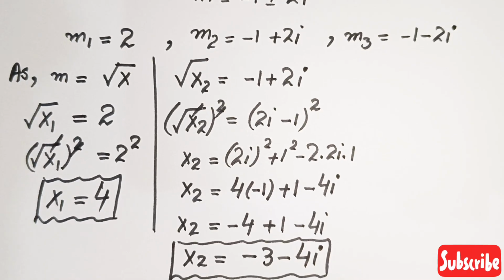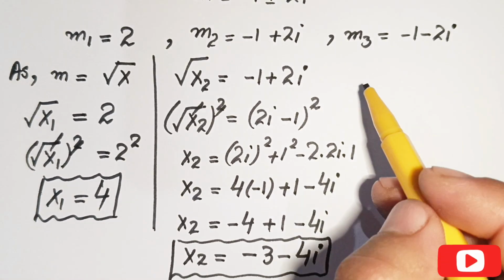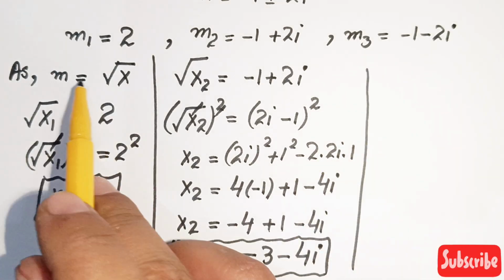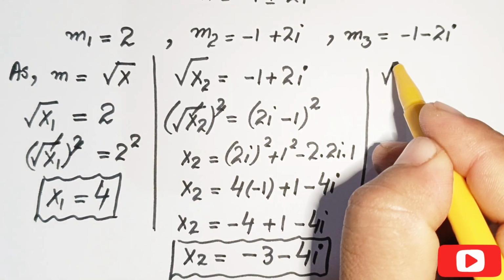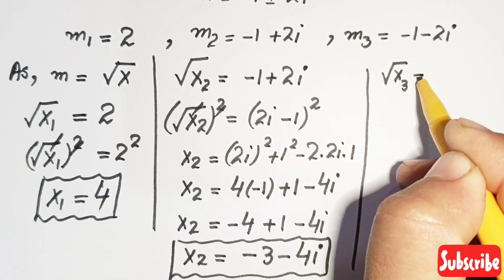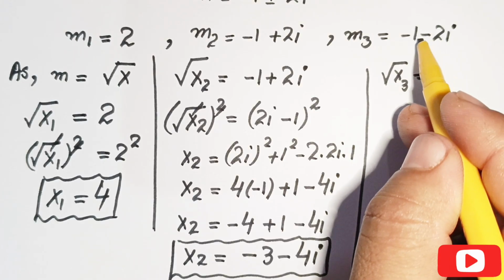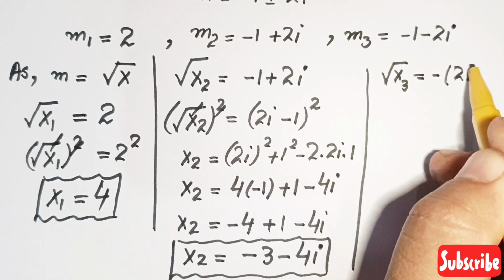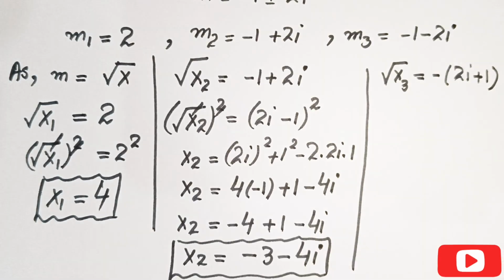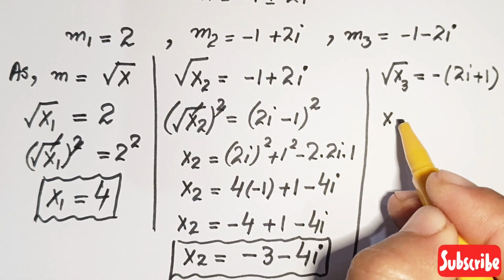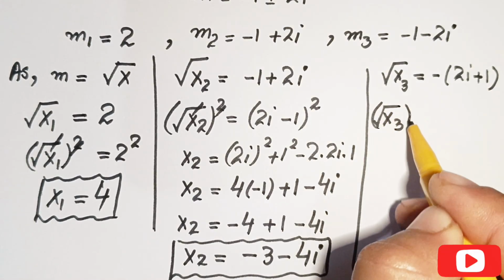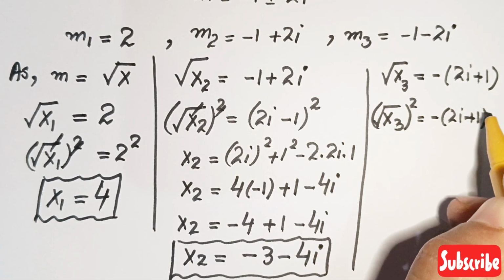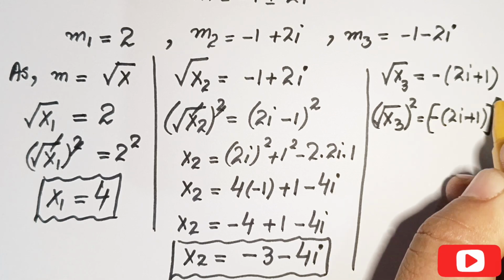Now we have to find m3, which is actually x3. Putting m is equal to square root of x, it will be square root of x3 equal to minus 1 minus 2i. If we take minus common, then we have minus times 2i plus 1. Now taking square on both sides, square root of x3 whole squared is equal to minus times 2i plus 1 whole squared.